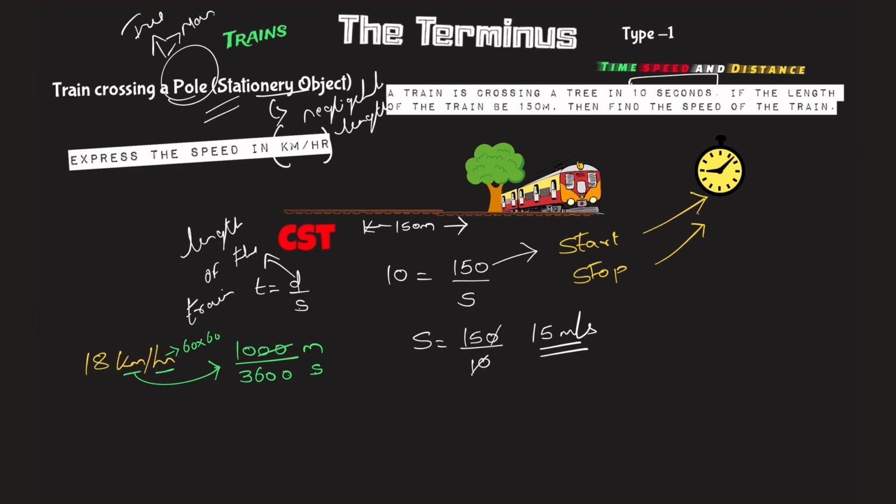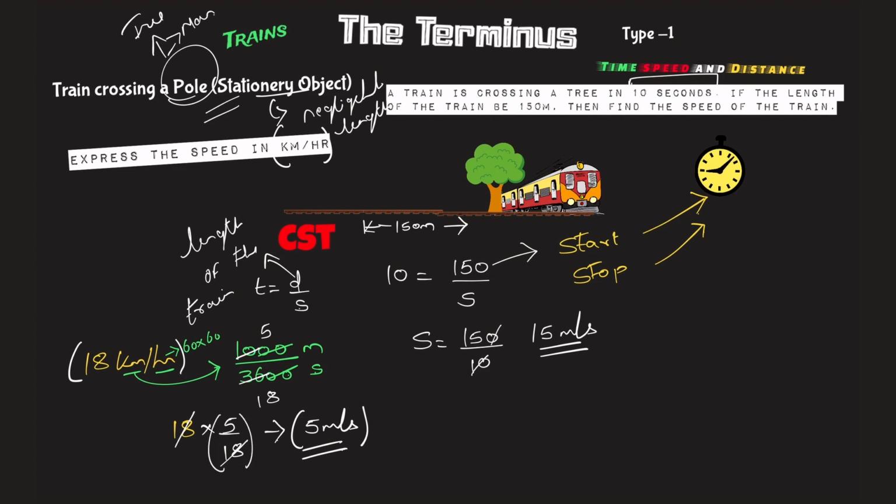Now just cancel. 2 5s are 10, 2 18s are 36. So 18 kilometer per hour, you multiply this by 5 by 18. So 18 gets cancelled. Your answer comes out to be 5 meter per second. And that is how you convert kilometer per hour to meter per second. Multiply it by 5 by 18.